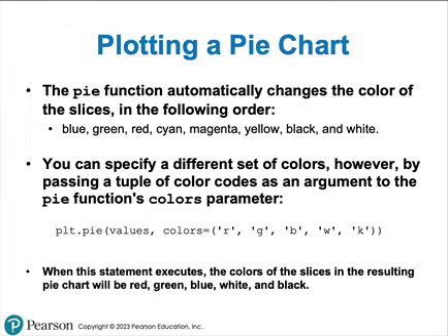Here are the order of colors that it will use. So if you have 5 slices to your pie, it will take the first 5 values and use them. However, using those single letter codes again, you can go through and change the color order to something else.